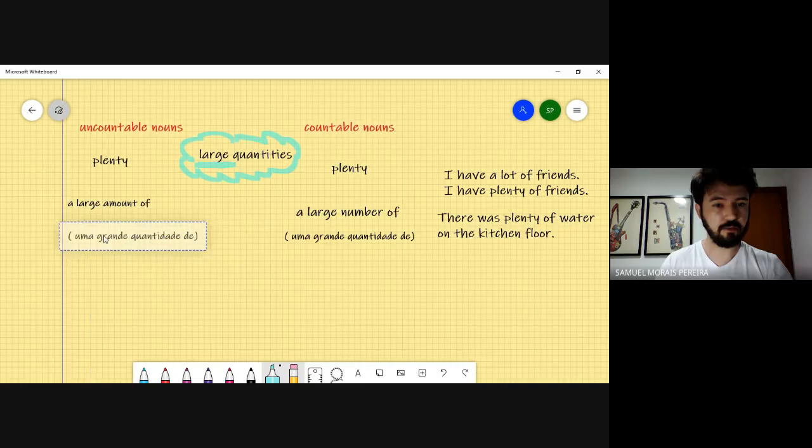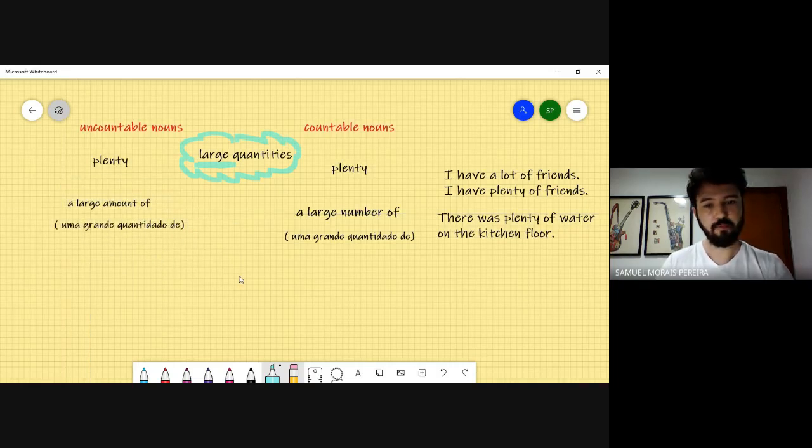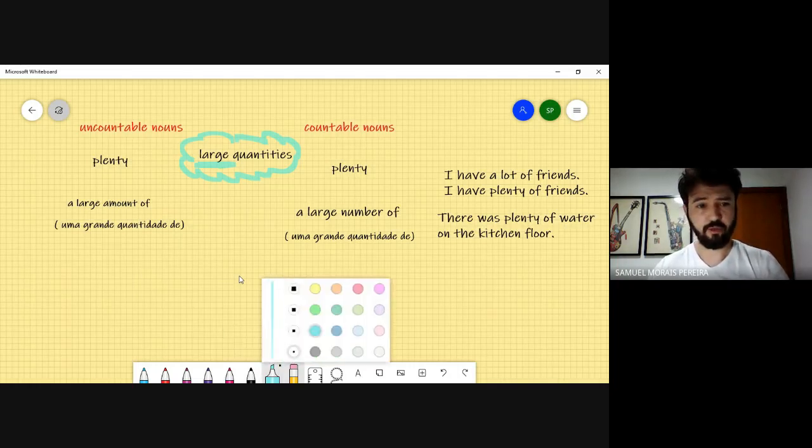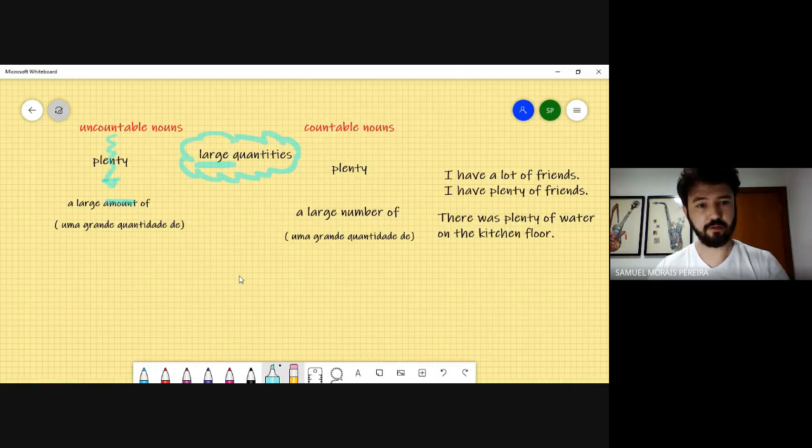I can use the same translation here. Uma grande quantidade de. But what's the difference? The difference is kind of simple. Can you see? We use the word amount when we are referring to things which are uncountable, and we use the word number when we are referring to things which can be counted, which are countable nouns, okay?